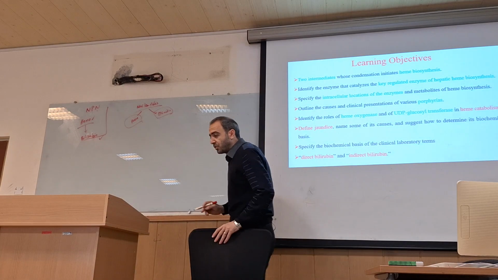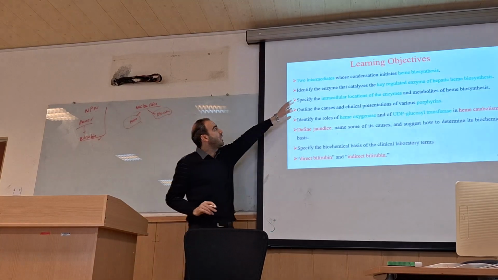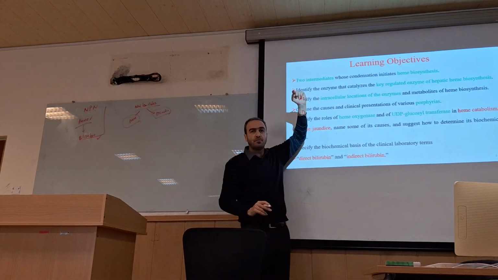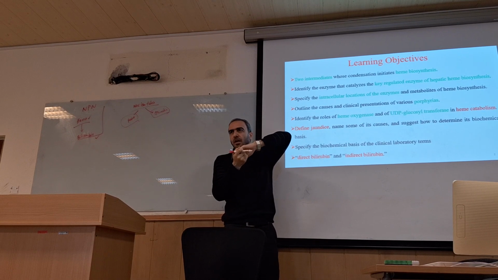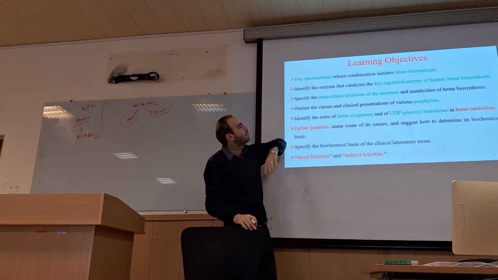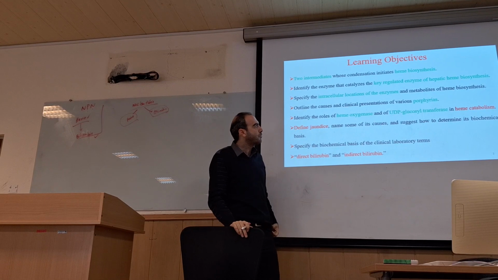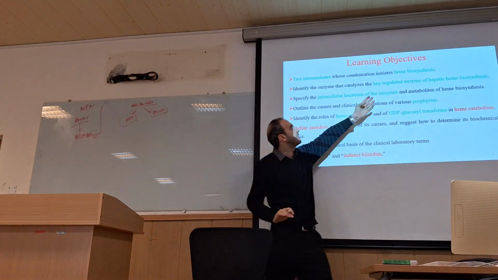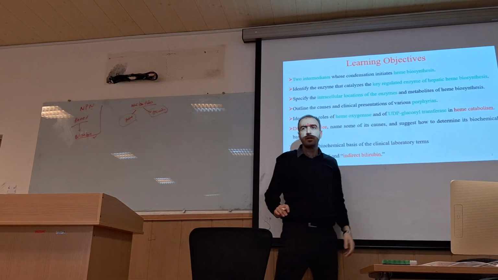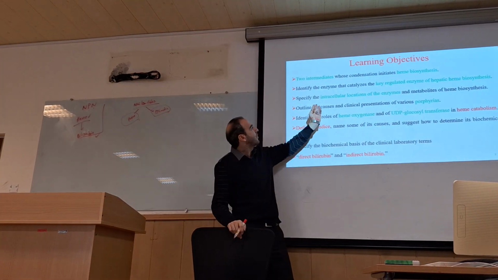For synthesis of heme, we need 2 intermediates, which condense together and then lead to producing heme. We have one enzyme which is so important and known as the key regulated enzyme, especially in the liver.